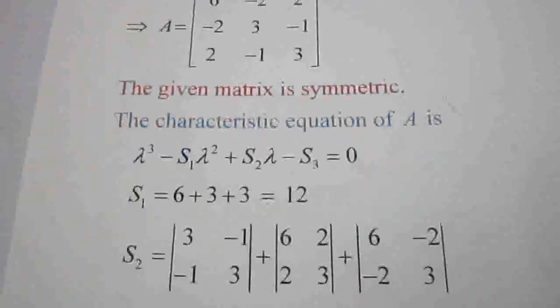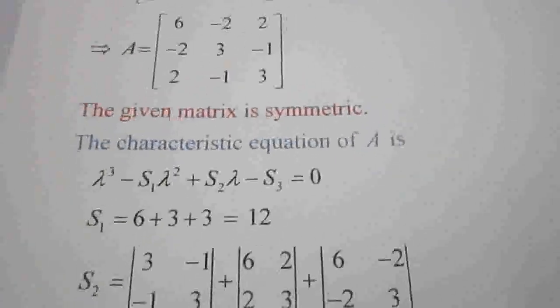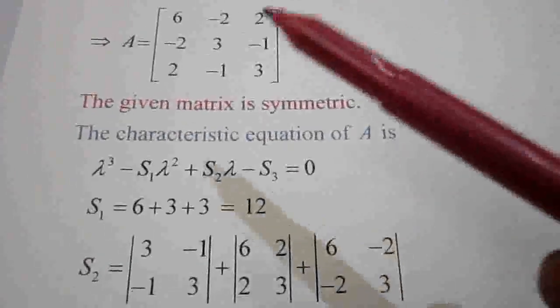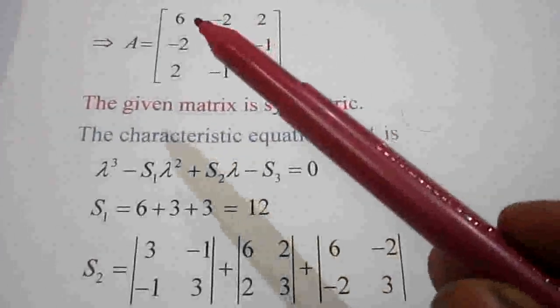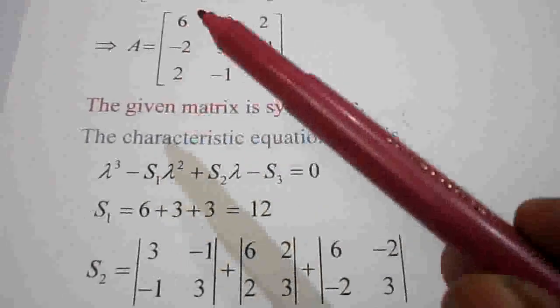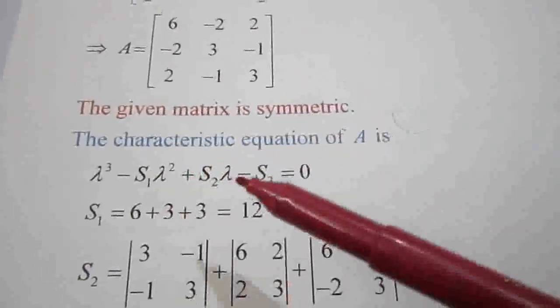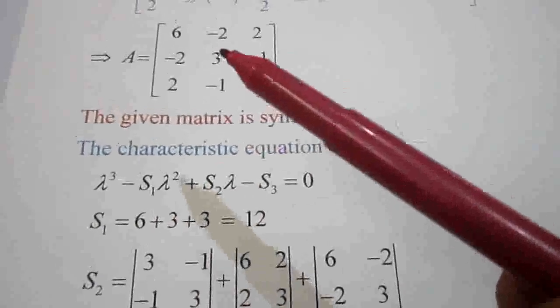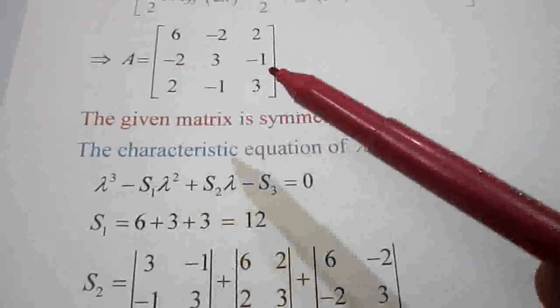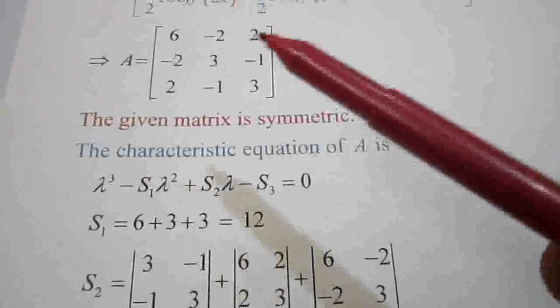Next, s2 is the sum of the minors of the diagonal. The minor of the first diagonal element 6 is, neglecting its row and column, the determinant with 3, −1, −1, 3. Next, for the element 3, neglecting the row and column, 6, 2, 2, 3.